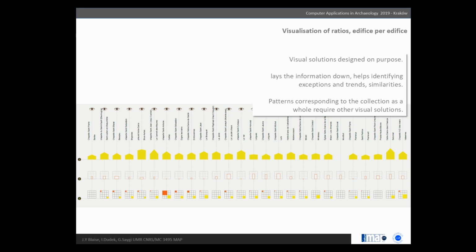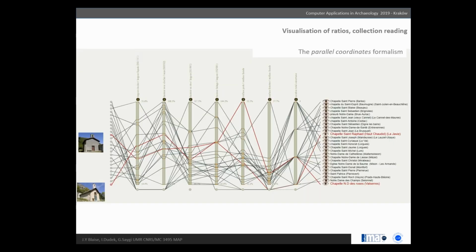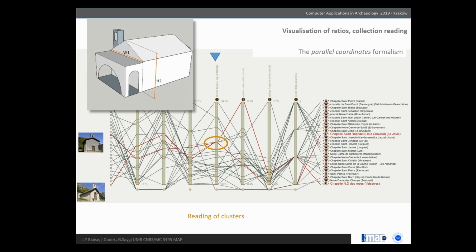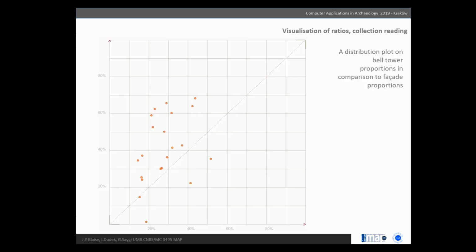So for this, we tried two classic visual formalisms. The first is parallel coordinates. Each of these columns corresponds to one feature, and here you can read clusters, like this one, with various edifices. And finally, another attempt is this thing, a distribution plot. It looks like this.